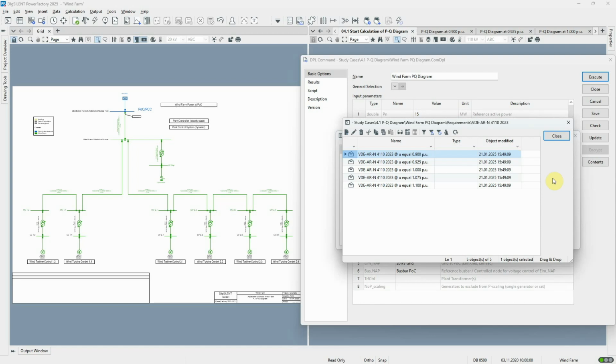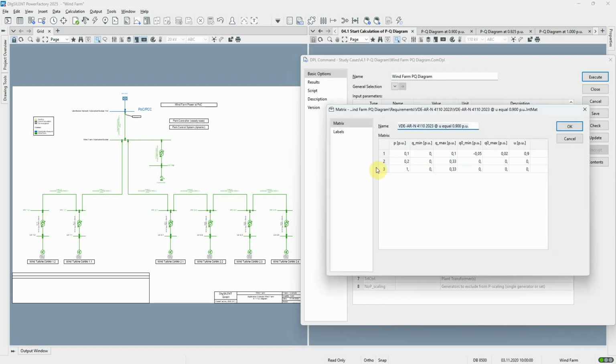In this case, the requirements are specified for 5 different voltage levels, so 5 diagrams will be generated. Each matrix contains megavar capability requirements for certain active power outputs, together with the requirements for when the plant is not operating.